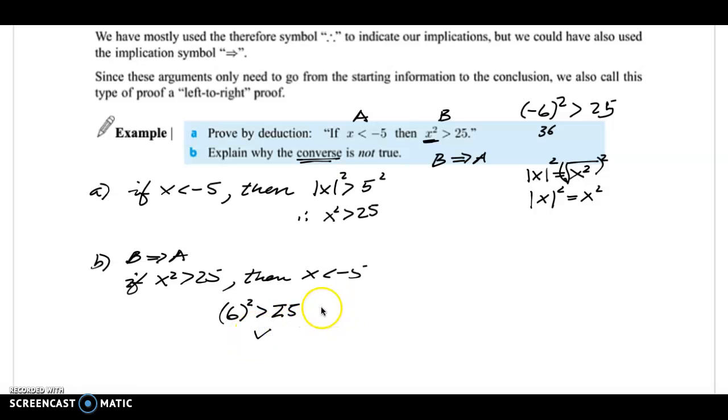However, 6 is greater than minus 5. And that's not what we want, because we're looking for x less than minus 5, right? Because in this case, x could be equal to minus 6, or it could be x equal to 6, right? So we have to take those into consideration when doing that type of problem.